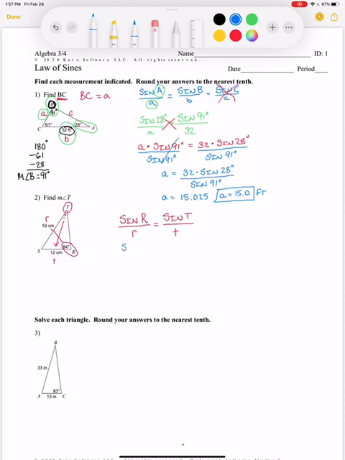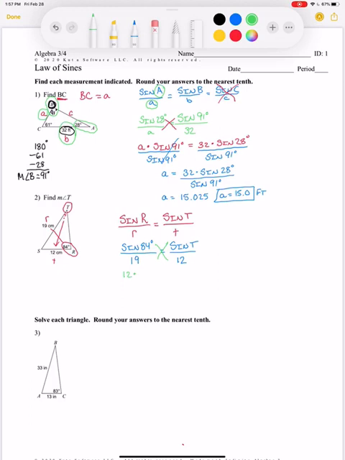I'm just going to plug everything in and solve. So I have the sine of 84 degrees over 19 centimeters equals the sine of angle T over side T, which is 12. Again, I'm going to cross multiply.